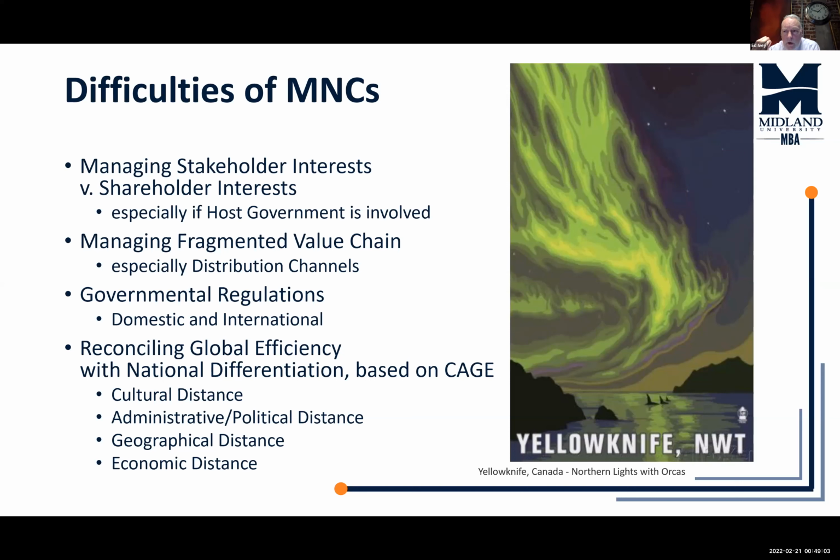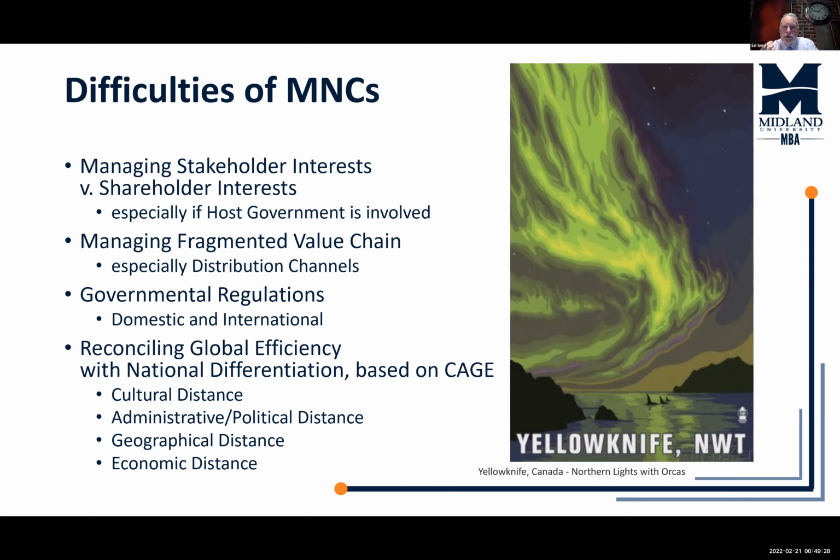However, even though there are direct measurable advantages for multinational companies, there are also direct difficulties of those multinational companies. What are some of those? One is managing the stakeholder interests versus shareholder interests.